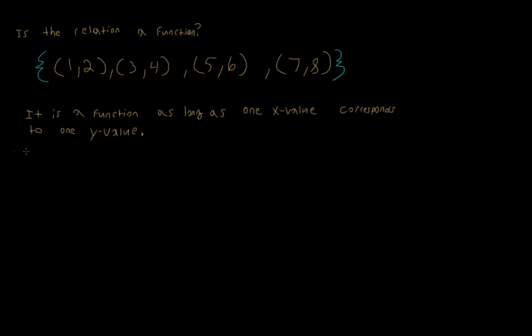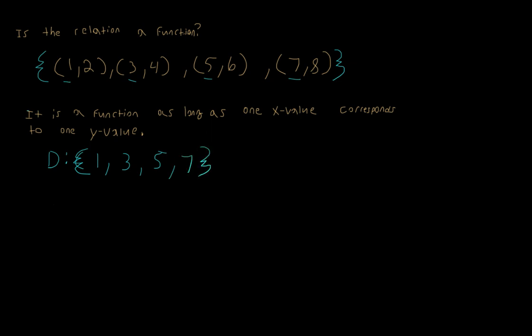Before that, let's state the domain. So what is the domain? Remember, the domain are all the x values. So let's write that. I'm going to put D for domain. So we know the domain is 1, 3, 5, 7.